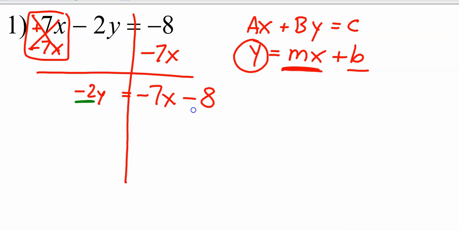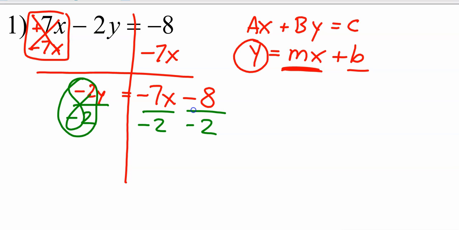All right. Now we're going to try to get rid of that negative 2 times y. Since that's negative 2 times y, we're going to divide everything by negative 2. Negative 2 divided by negative 2 is 1, or it's gone, and we are left with y.